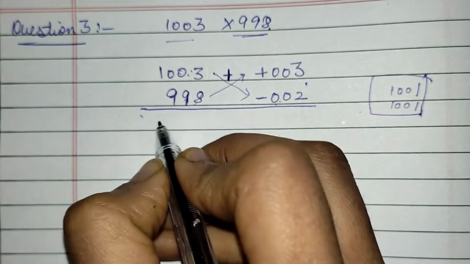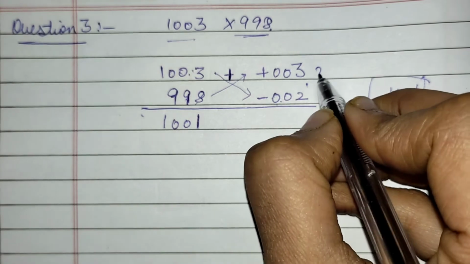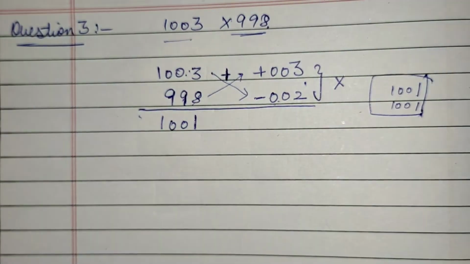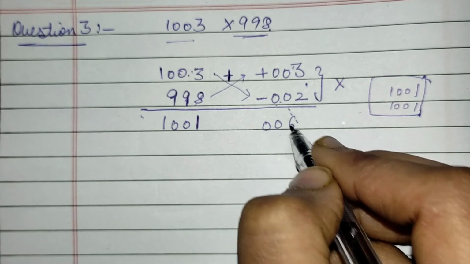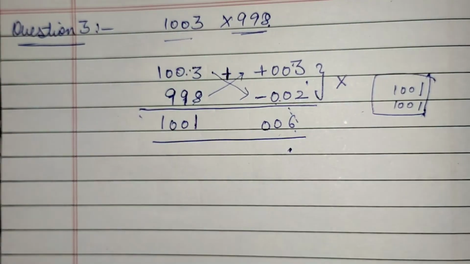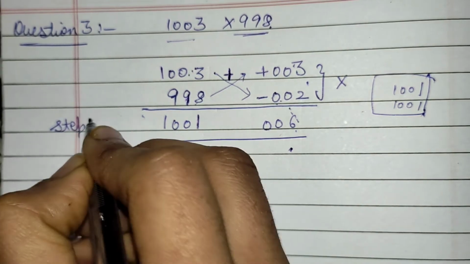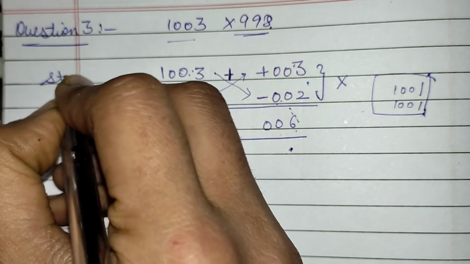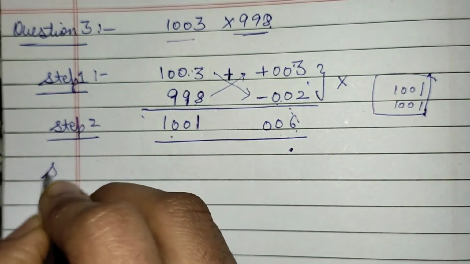So when I do addition, I will get 1001, and when I multiply these two values, I will get 0006. Okay, so this is my step number 2. Breaking down the equation was my step number 1, and writing down like this is my step number 2.